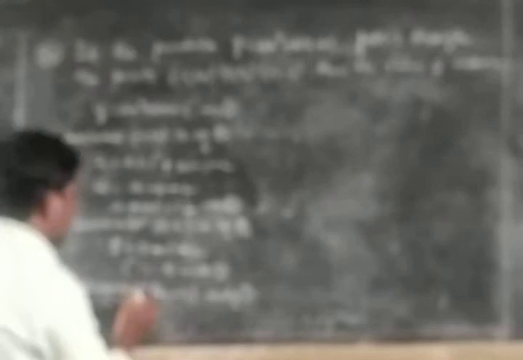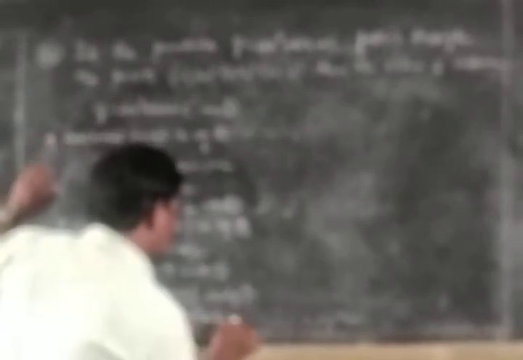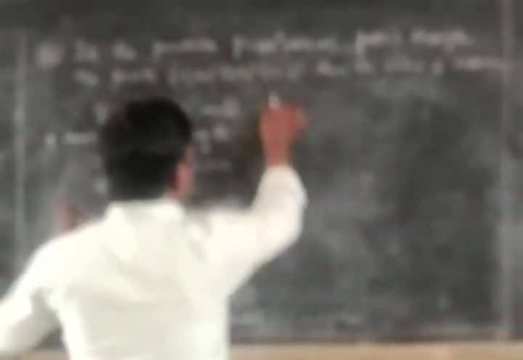Now substitute 2 comma minus 3 in equation 1. That means minus 3 equal to a into 2 whole square plus b into 2 plus c.